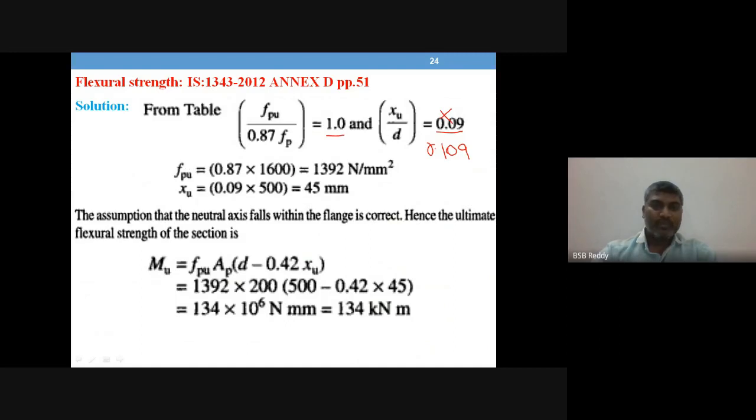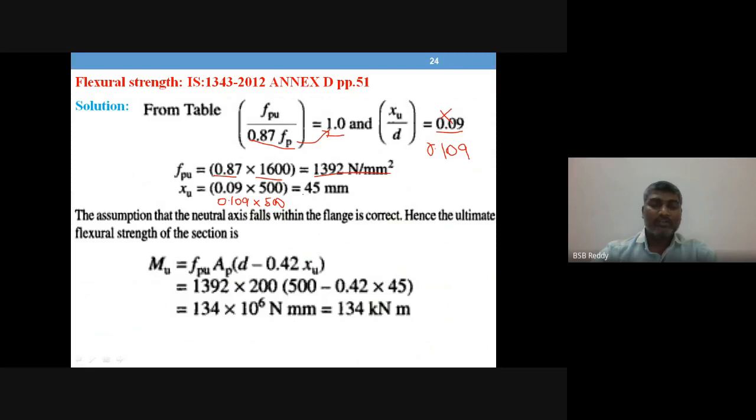Right, FPU is okay, 0.87 FP into 1, so no change, 1392. And XU is 0.109 into 500.